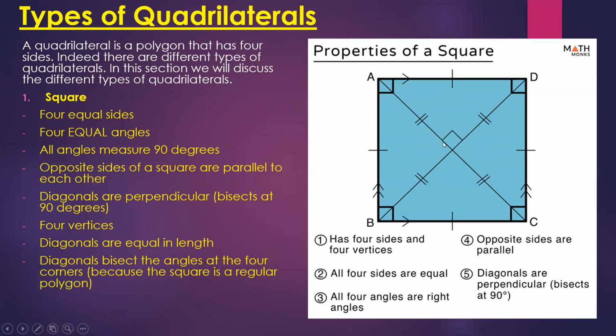All of these are different properties of a square, and a square is a type of quadrilateral where all sides and all angles are equal in measure.